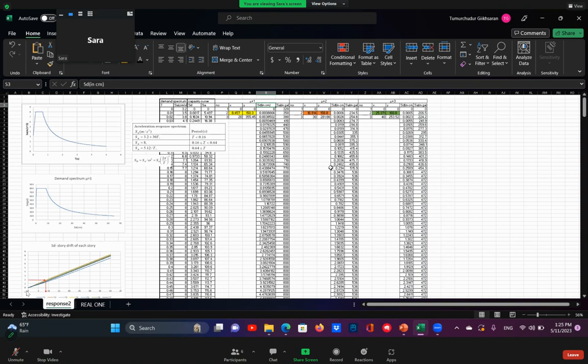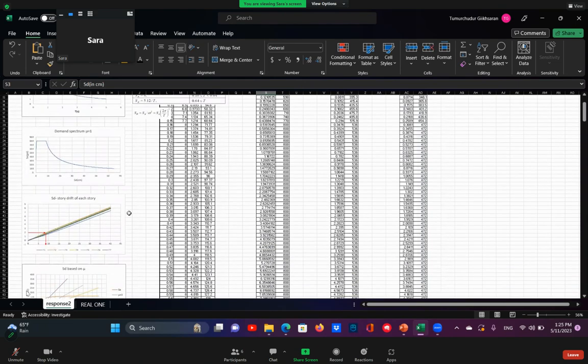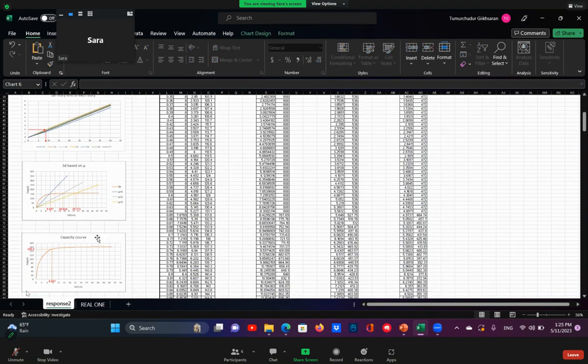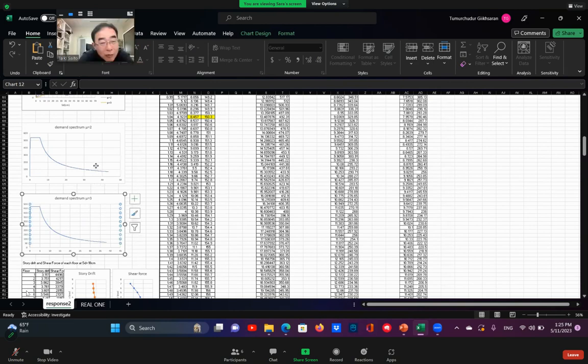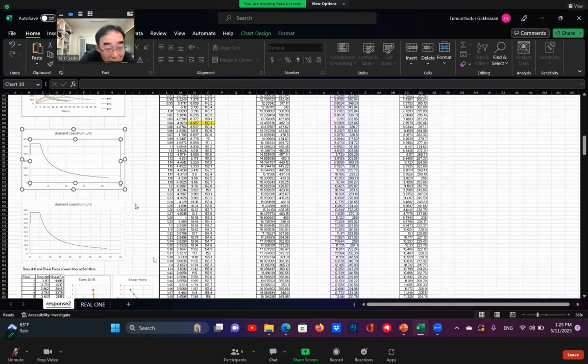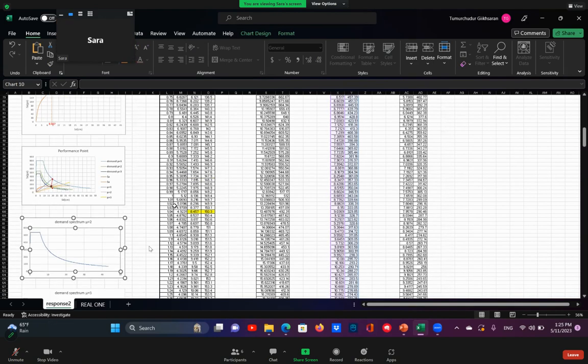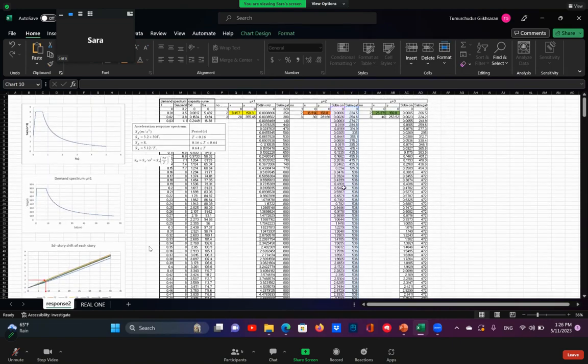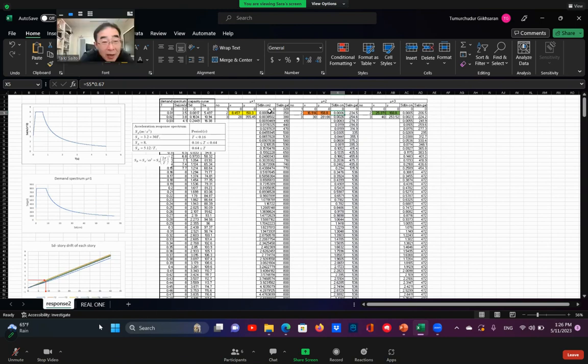And from this section, we can find the demand spectrum M1, M2, M3. What formula did you use? What is 0.67?